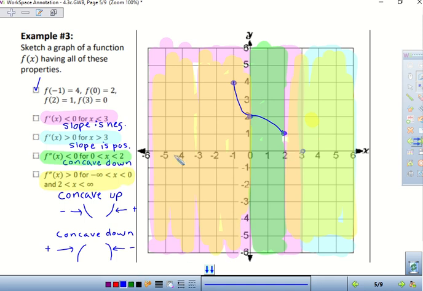Okay. So for this piece right here, it's pink and yellow. So we have to have a negative slope and be concave up. That's going to be like this. And then the last section over here is slope is positive and we're concave up.